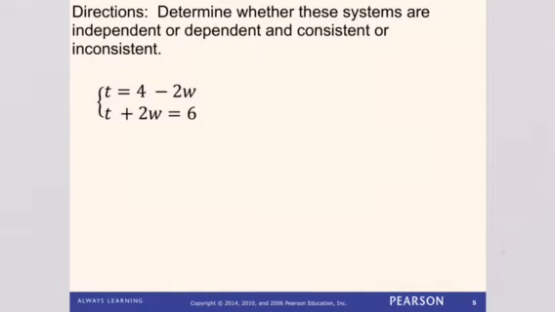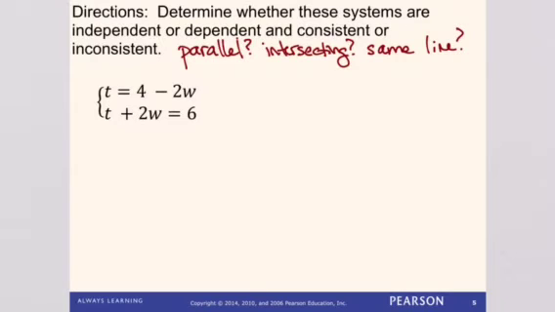Okay, here's another example. Same thing. We want to know if they're independent or dependent, and consistent or inconsistent. So once again, what we want to know is, are they parallel? Are they intersecting? Or are they the same line? Okay? So, for the first equation, there might be a question about what's the independent and what's the dependent variable.